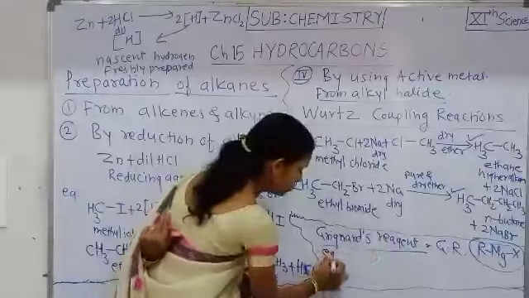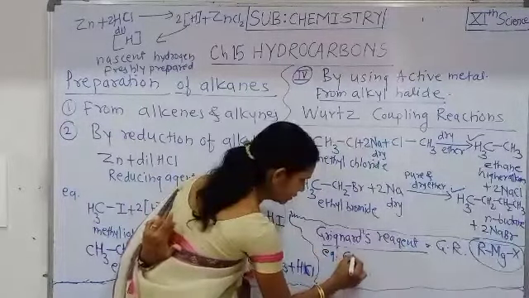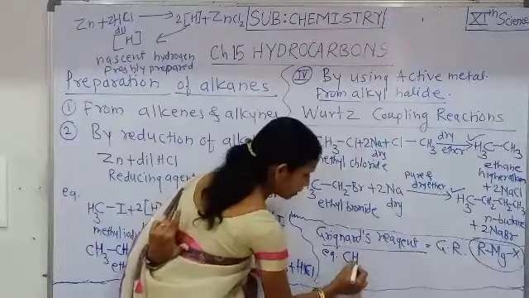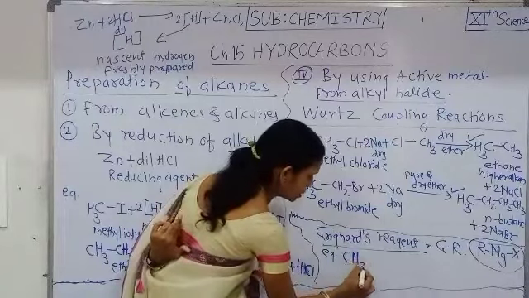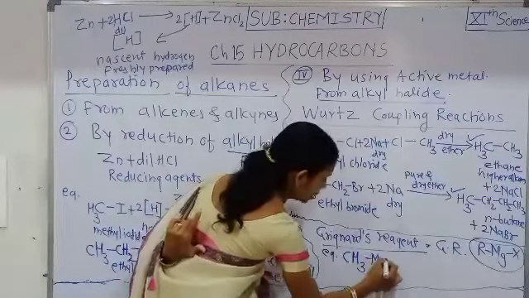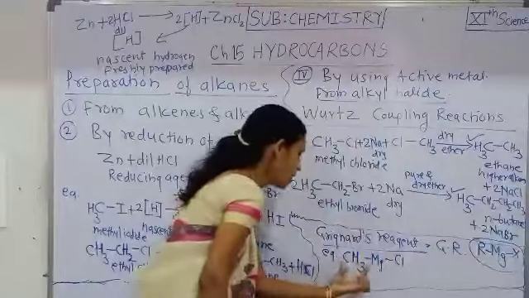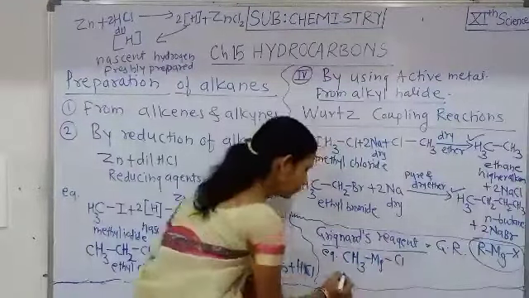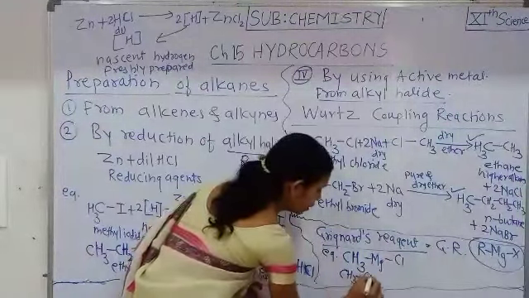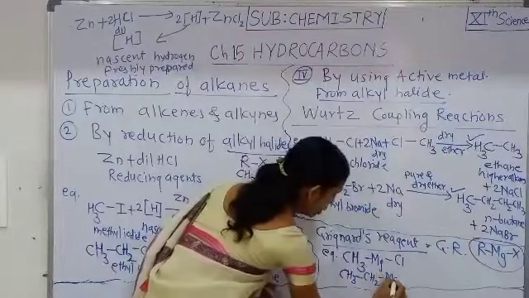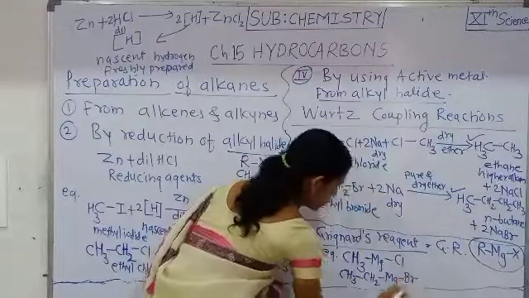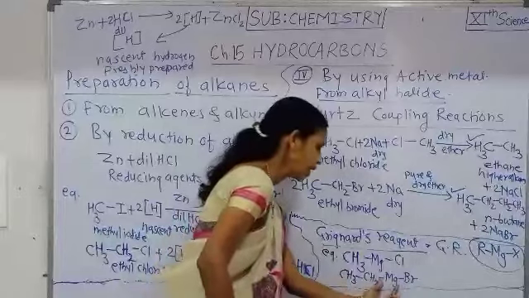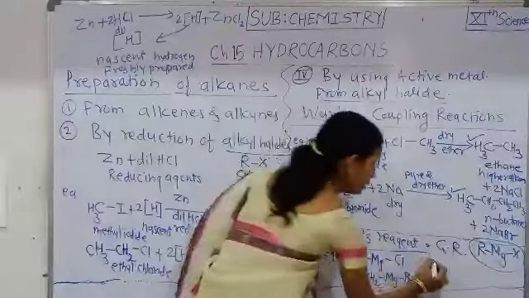Then a few examples of Grignard's reagent. Here I am going to discuss with you CH3MgCl, see here, methyl magnesium chloride. CH3CH2MgBr, ethyl magnesium bromide.